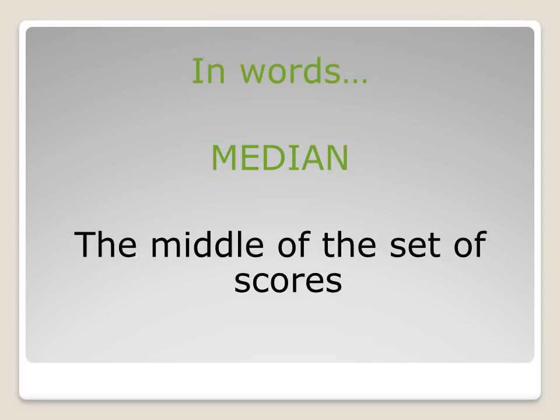It's considered to be the middle score of a set of scores when the scores are arranged from highest to lowest. We don't have a symbolic notation for median, so when you write any calculation, you're going to use the word median to denote the score that is the middle score.